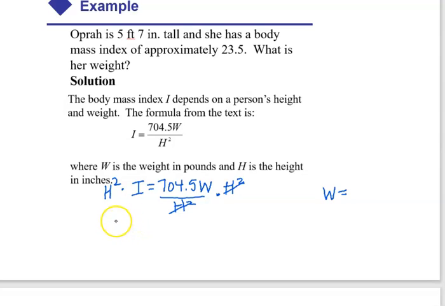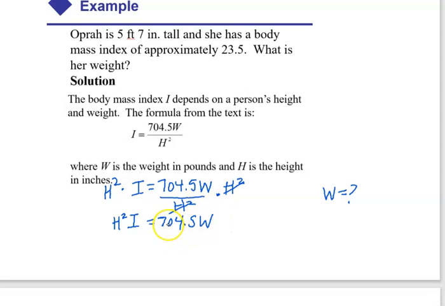Now I've got, and it doesn't really matter what order you write this, H squared times I is equal to 704.5 times W. Well, I want W, right? The goal is to figure out what W is. I want W by itself, so how do I do that?